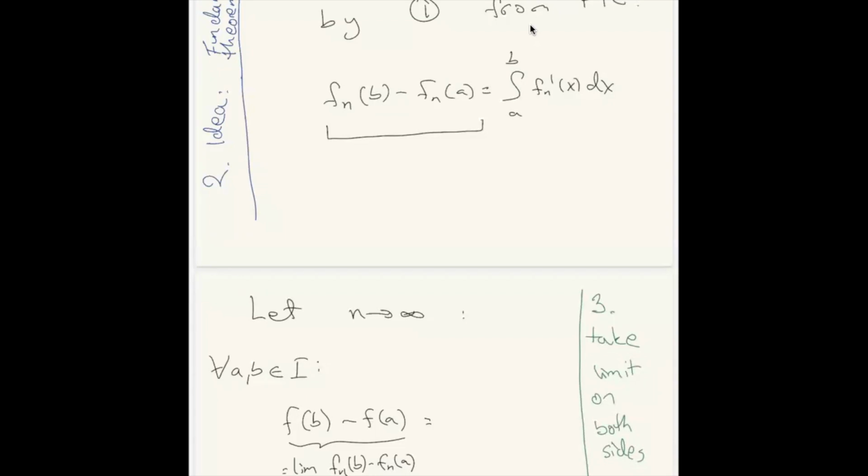Now this is equal to the limit as n goes to infinity of the integral from a to b of fn prime x dx. Now this is a limit of integrals.